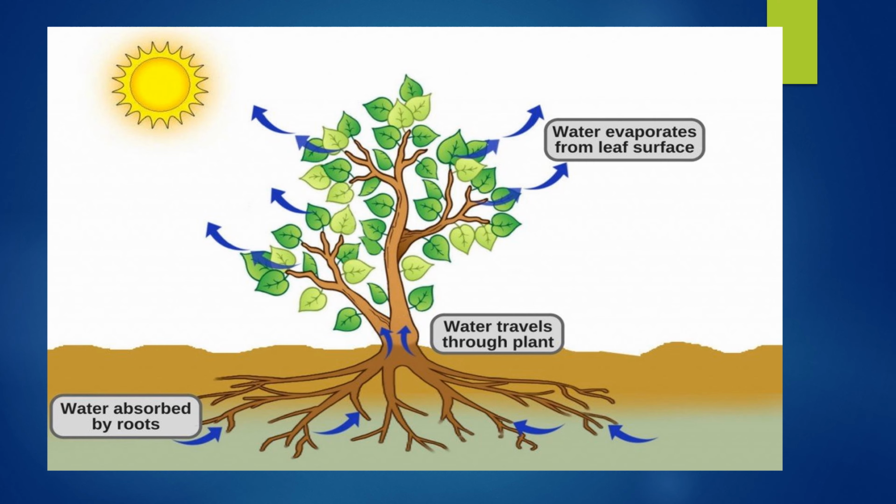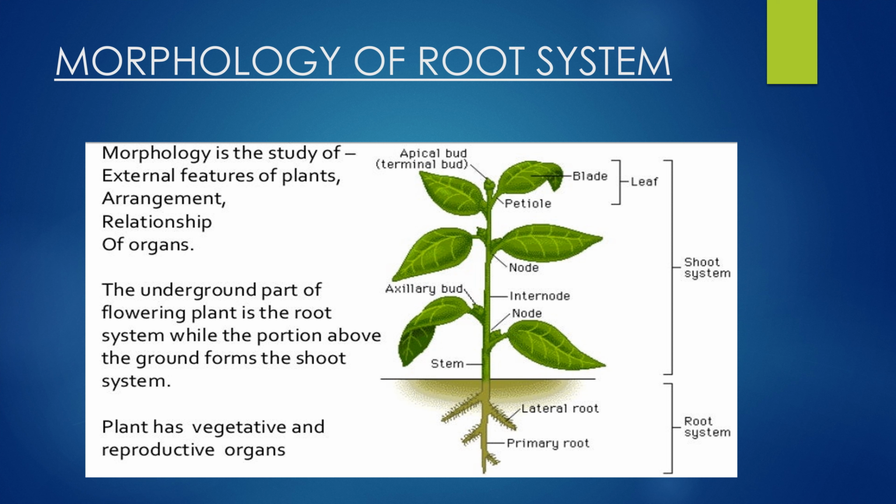Now, before proceeding further, first let us understand the morphology of the root system. What is morphology? Morphology is the study of external features of a plant, arrangement, and relationship of organs. Now, if you take a plant, the part of the plant which is below the ground is known as the root system, and the part of the plant which is above the ground is known as the shoot system.